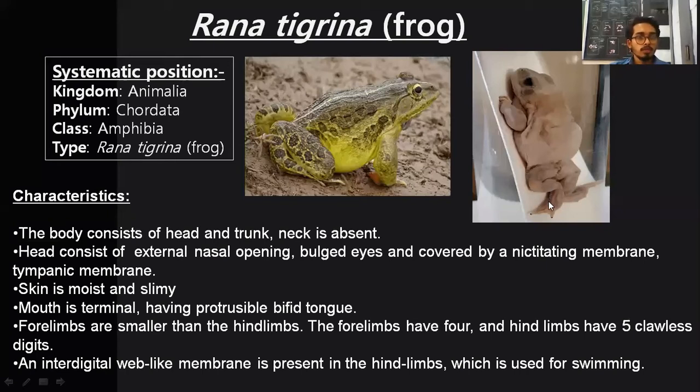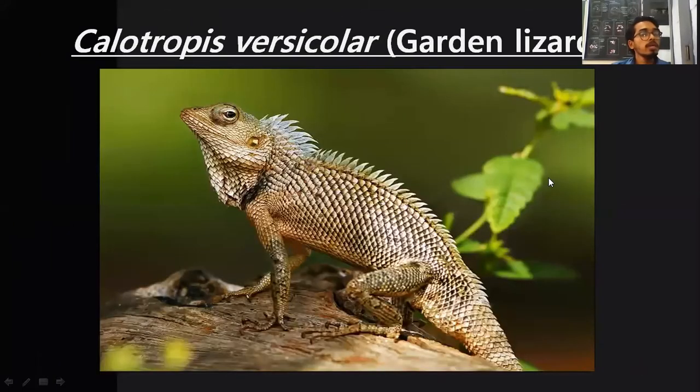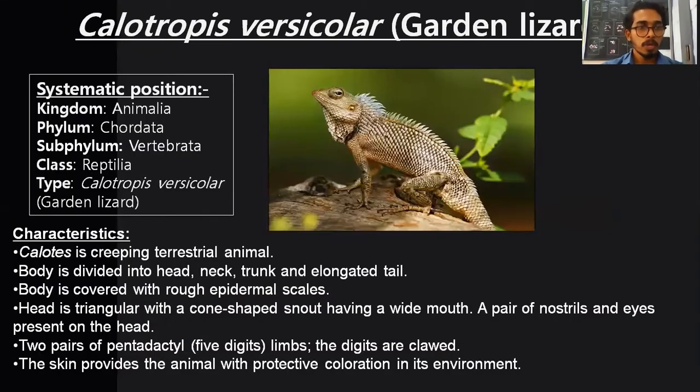The next specimen is Calotes versicolor, also called the garden lizard. Looking at its systematic position, it belongs to kingdom Animalia, phylum Chordata, subphylum Vertebrata, class Reptilia, and the type specimen is Calotes versicolor, also called the garden lizard. It is a creeping terrestrial animal.